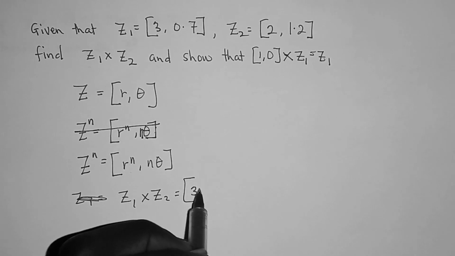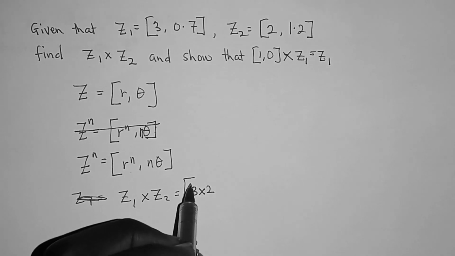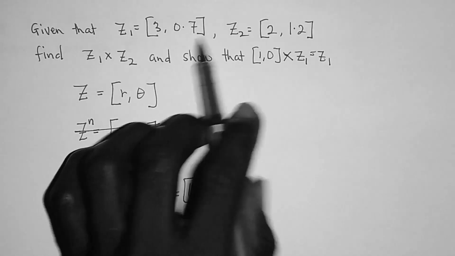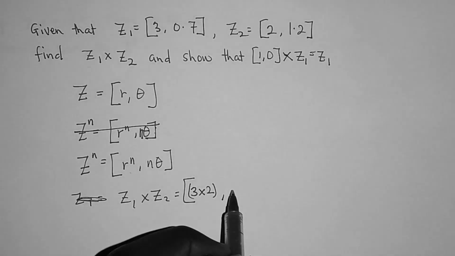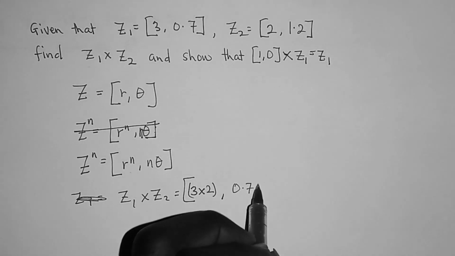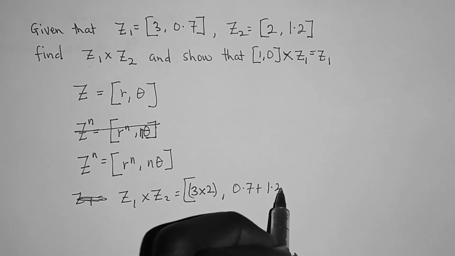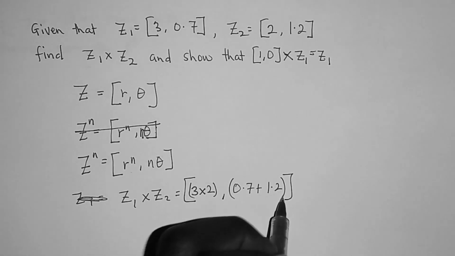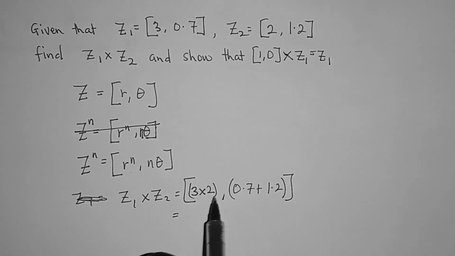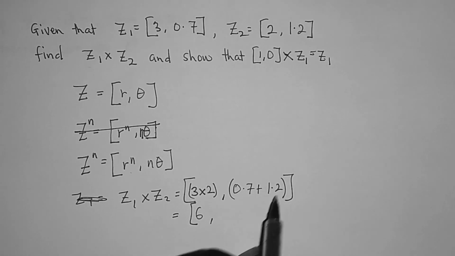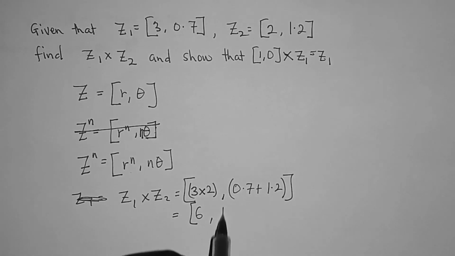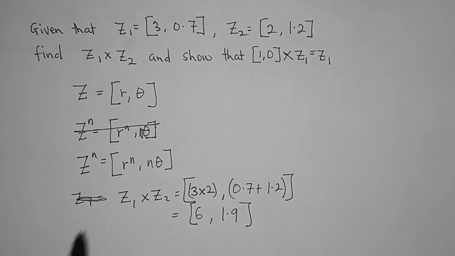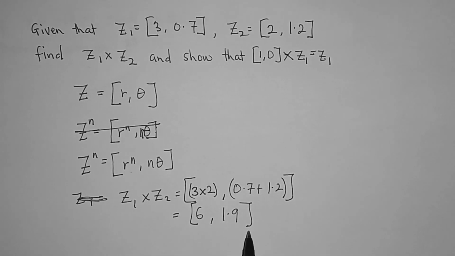So we multiply 3 times 2. Then this comma, then you add the angles, which is going to be 0.7 plus 1.2. And 3 times 2 is 6, and then 0.7 plus 1.2 will give 1.9. Therefore, z1 times z2 is 6, 1.9.